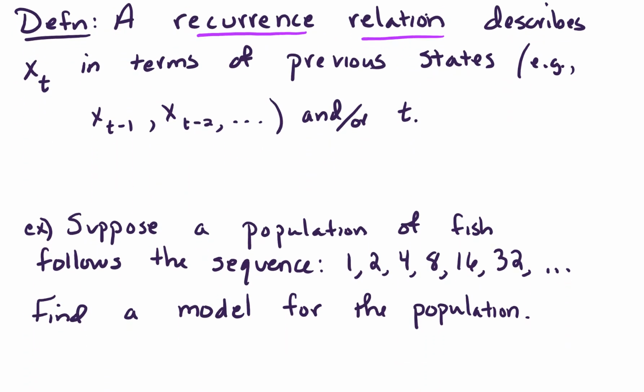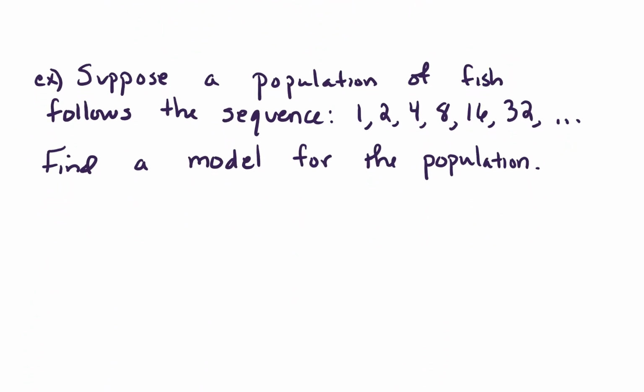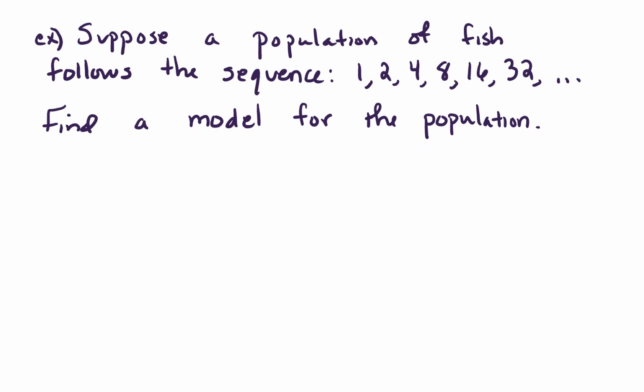Let's take a look at an example. Suppose a population of fish follows the sequence 1, 2, 4, 8, 16, 32, and so forth. Find a model for this population. We start off and say at time 0, the start of our simulation or experiment, we have 1 fish. The question is, how can you predict how many fish you have at time t based on previous time steps?